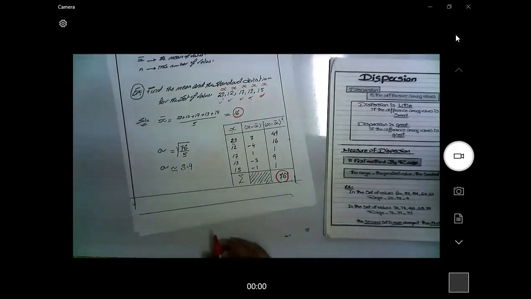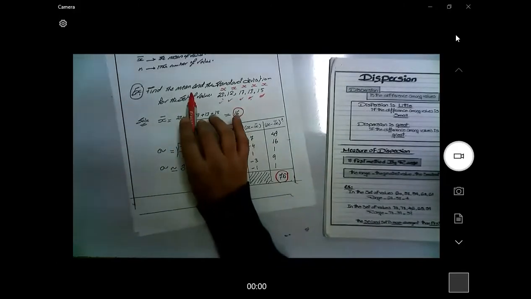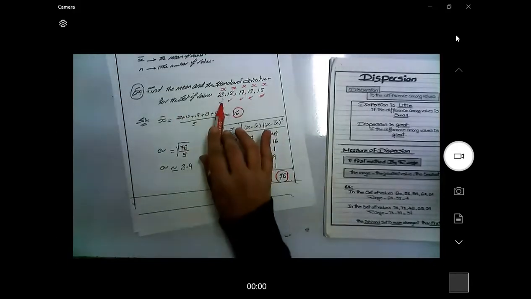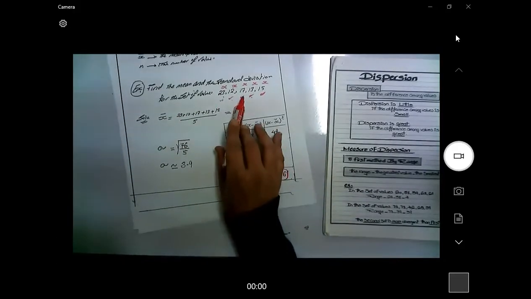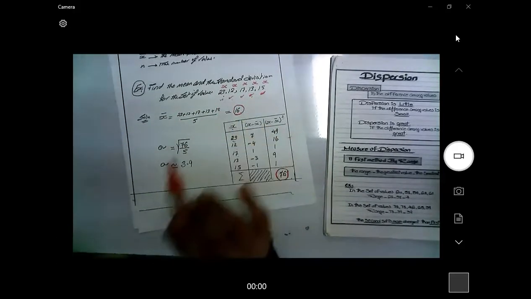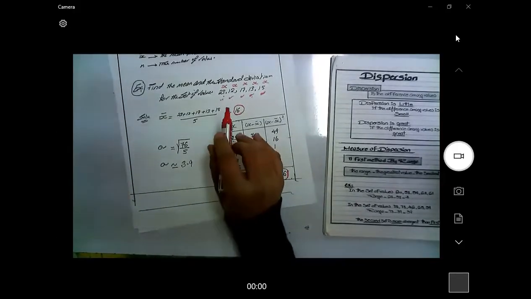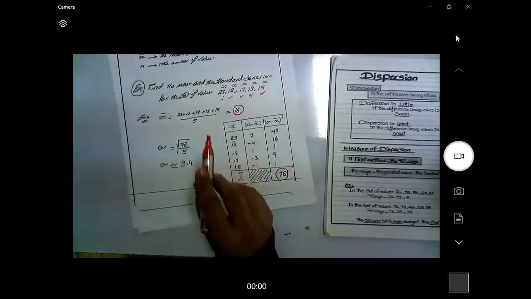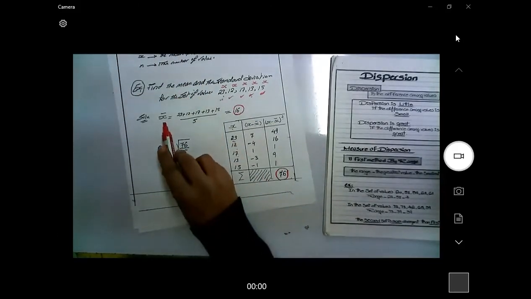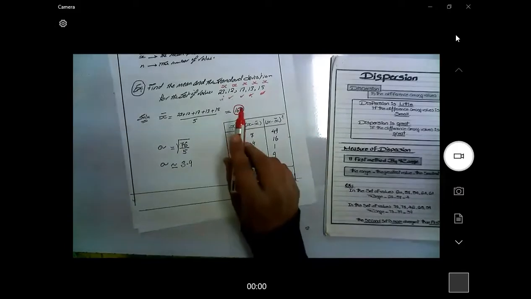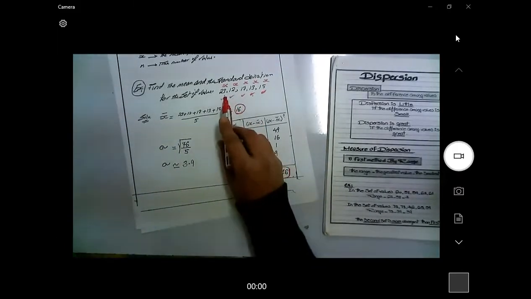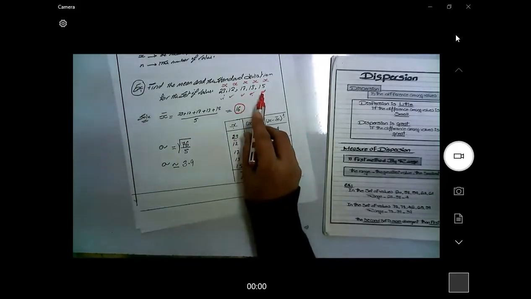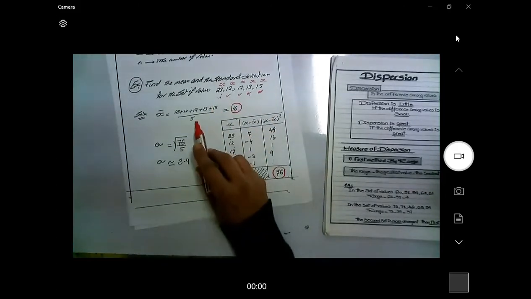Again, calculate the mean and the standard deviation of the set of values 23, 12, 17, 13, 15. At the beginning, before getting the standard deviation sigma, we are going to get the mean of these values: 23 plus 12 plus 17 plus 13 plus 15 divided by 5.